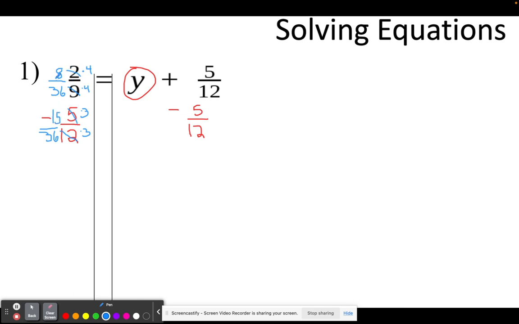So now I can subtract. I have 8/36 minus 15/36. Well, 15 has a larger absolute value than 8, so my answer is going to be negative 7/36.